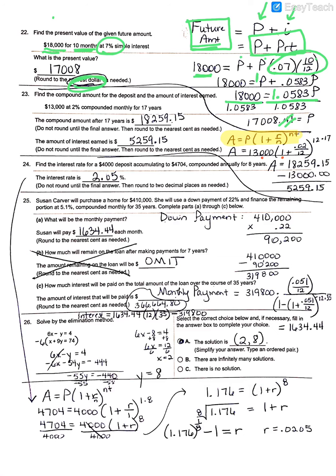This is just the number 1. My rate of interest, it said, was 2%. So I changed that to 0.02, and it is compounded monthly. So monthly means I'm dividing by 12 because there's 12 months in a year. And then I also have 12 as part of my power. And then it said that I'm depositing this for 17 years.